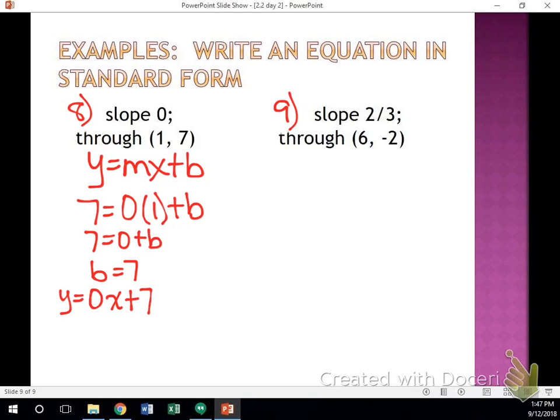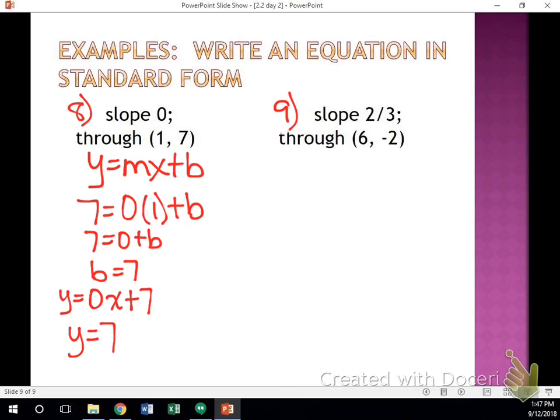So the question was asked, can you even have 0x? Yes, we can, but that means that we can simplify this more. 0 times anything is just what? 0. And 0 plus 7 is 7. So we could just write this as y equals 7.